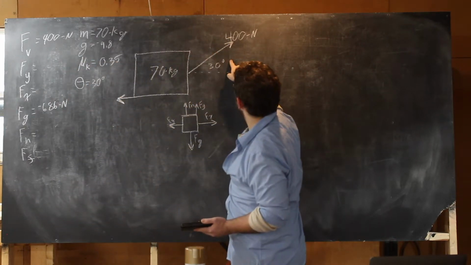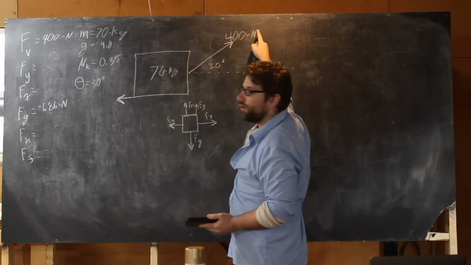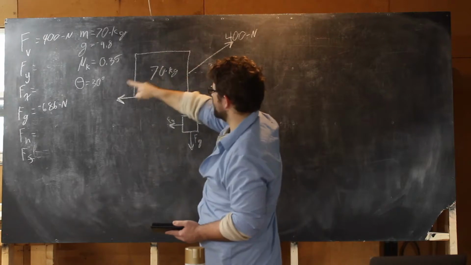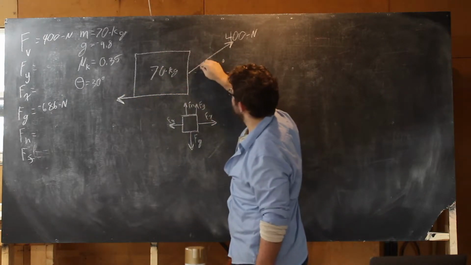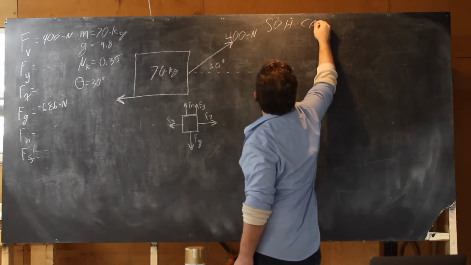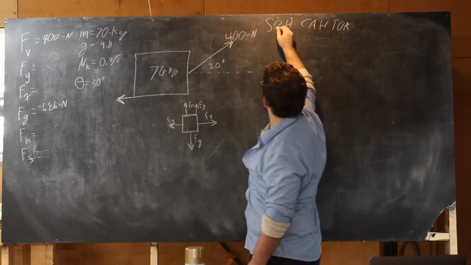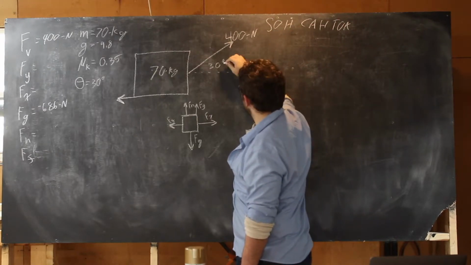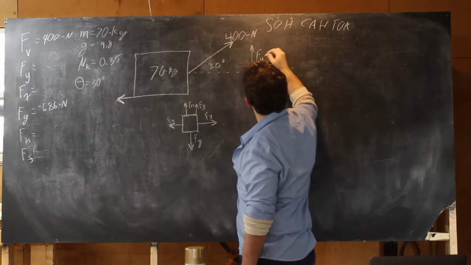Now remember, because we're dealing with a vector pulling it this way, our cosine is going to represent our x, and our sine is going to represent our y. Because we're working with this angle, and remember, SOH CAH TOA. Sine is opposite over hypotenuse, and that's going to be the opposite side, which is going to be our force in y.